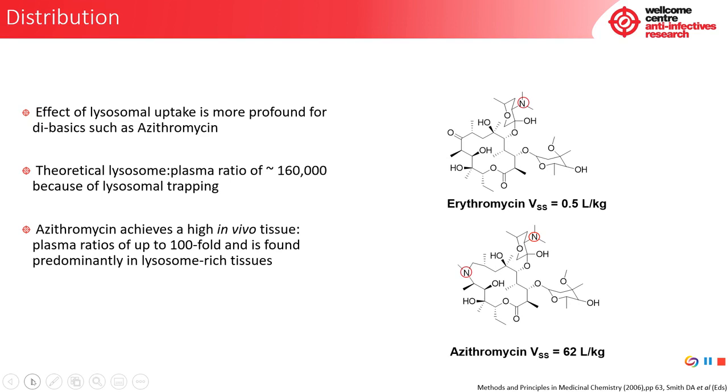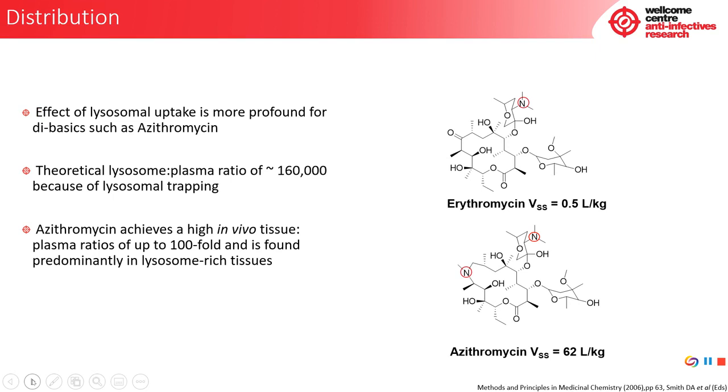The effect of lysosomal uptake is more profound for dibasic compounds such as azithromycin when compared with erythromycin. The theoretical lysosomal plasma ratio of 160,000 because of lysosomal trapping is registered by azithromycin. Azithromycin achieves a high in vivo tissue to plasma ratio of up to 100-fold and is found predominantly in the lysosomally rich tissues.